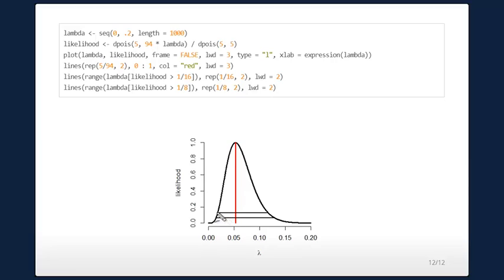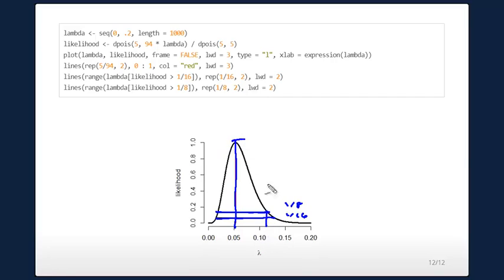I like to draw these reference lines for the following reasons. This reference line is at 1/8, and this reference line is at 1/16. I know that this line is 1/8 right here. So take this value of lambda and compare it to the MLE value of lambda.